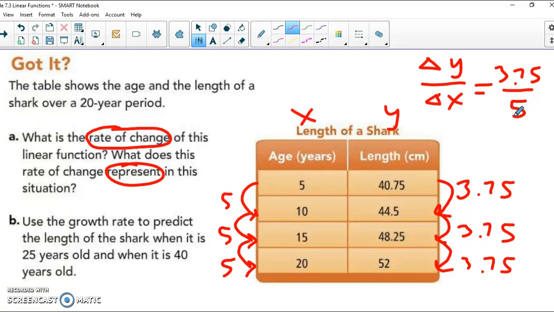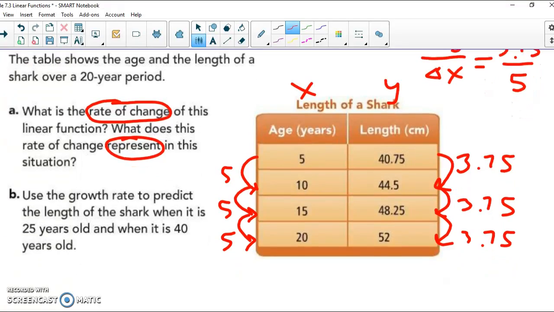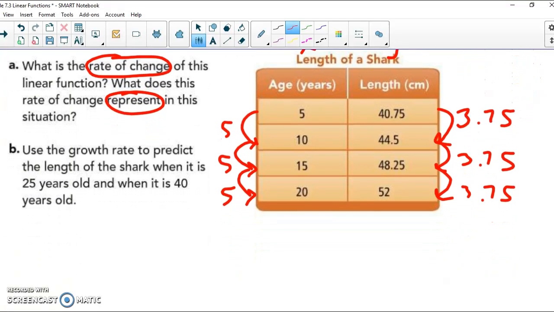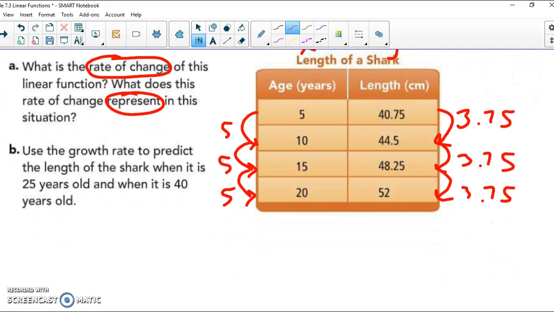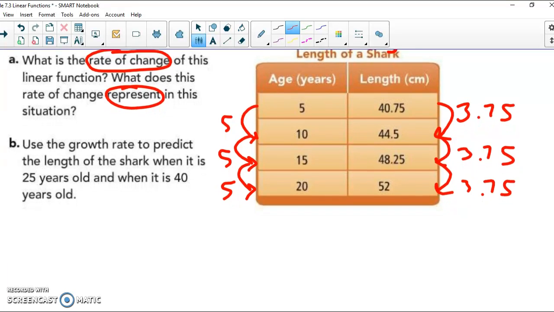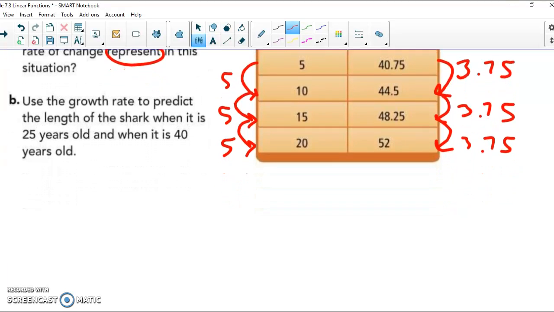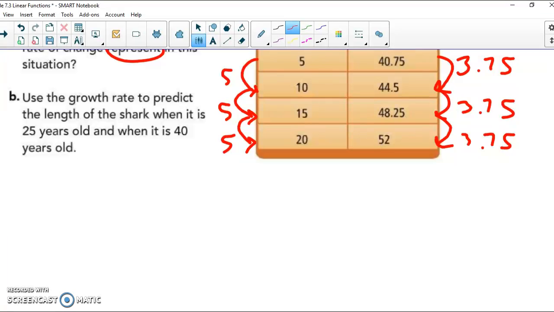So now if I want to use this growth rate to predict the length of the shark when it's 25 years old and when it's 40 years old, then I just need to continue extending this pattern. So my x values are going to continue to increase by 5s, and my y values will also continue to increase.